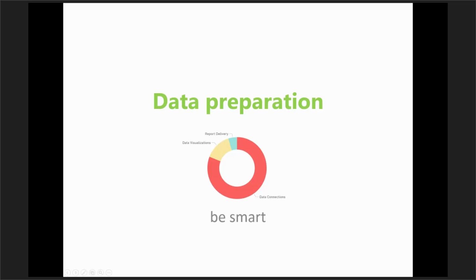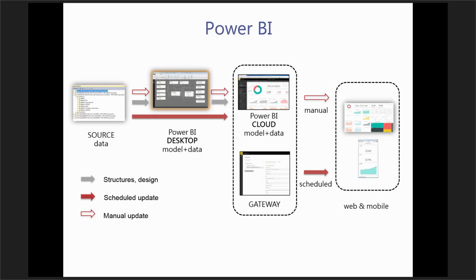Now, in the first part, we'll be speaking about data preparation. Dynamics NAV and AX are way different. So what do we have here? In the source, we have Microsoft Dynamics NAV with about 1,000 tables, or 6,000 to 7,000 for AX. We structure this already in the data warehouse or in the cubes.